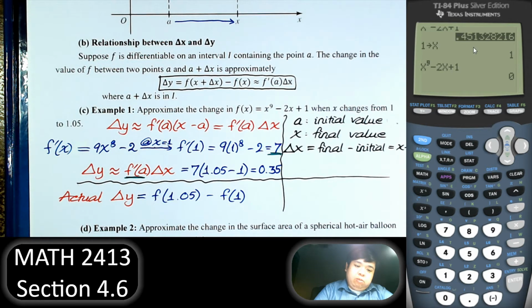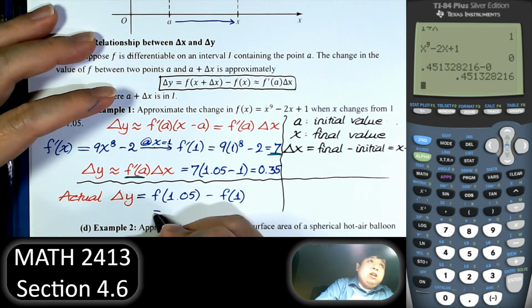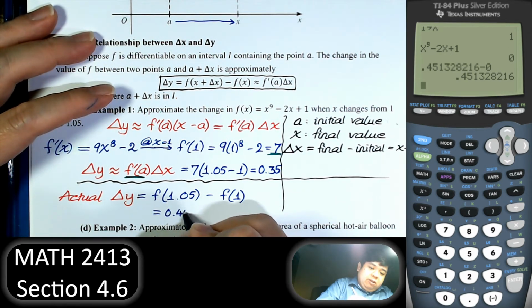So I will check the values at 1.05, which is this, minus the values when x equal to 1. The actual difference is 0.45.